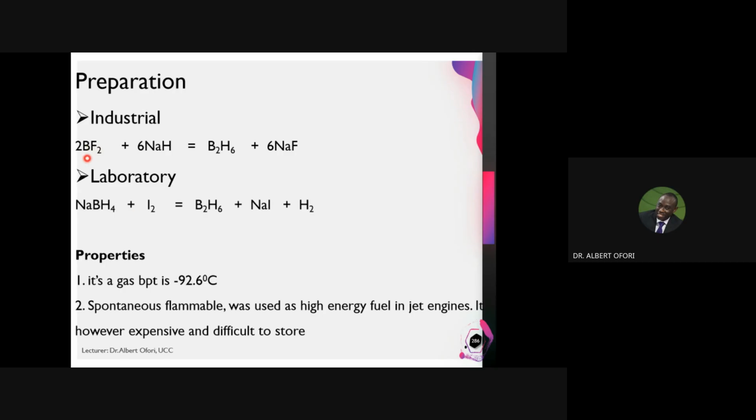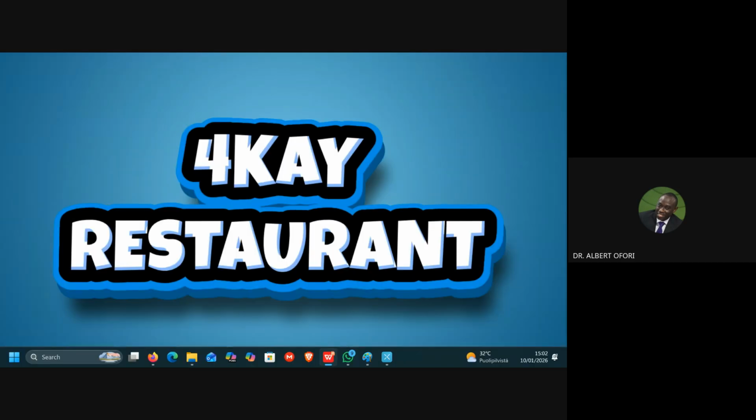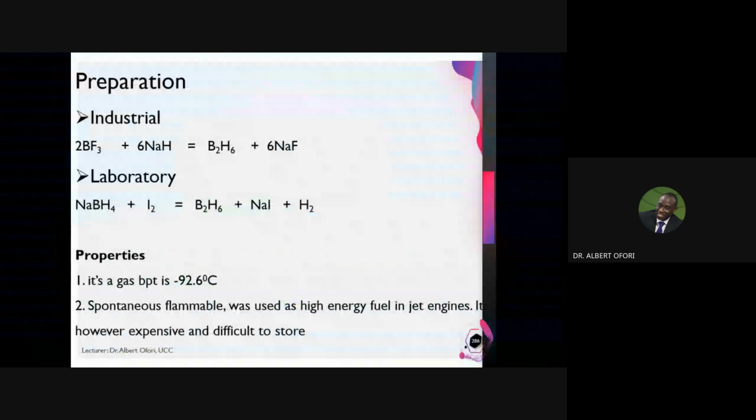So it's BF3, so that is BF underscore 3. We have the boron fluoride mixed with sodium hydride to produce the diborane.